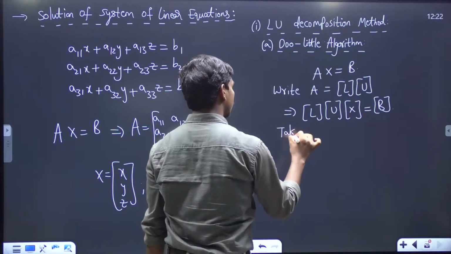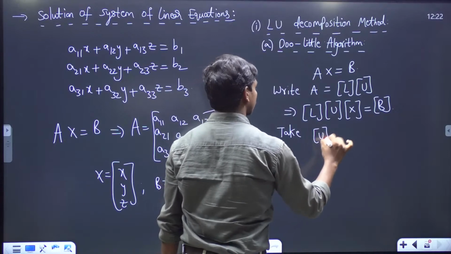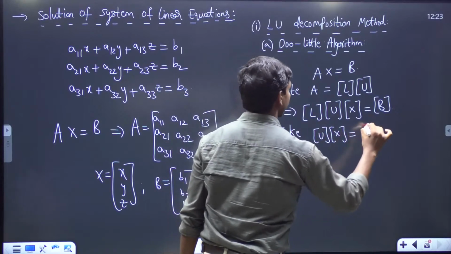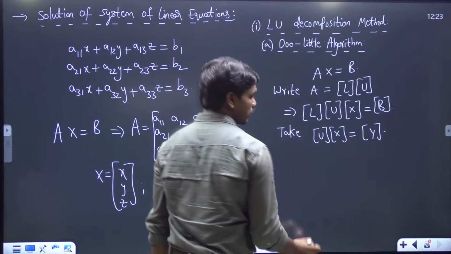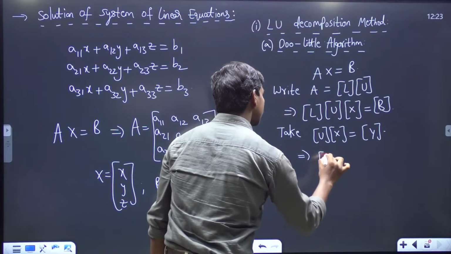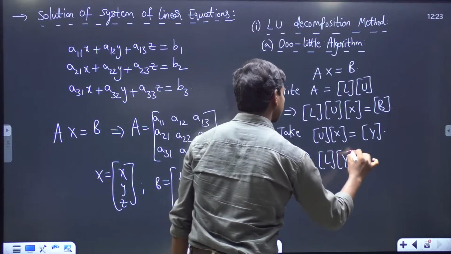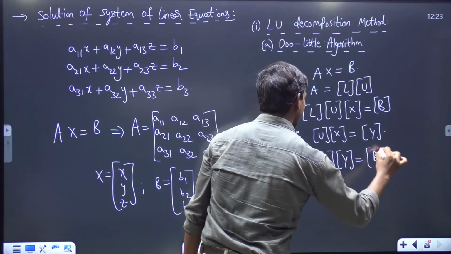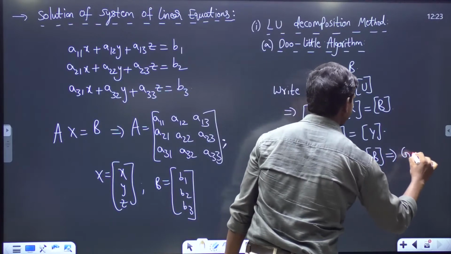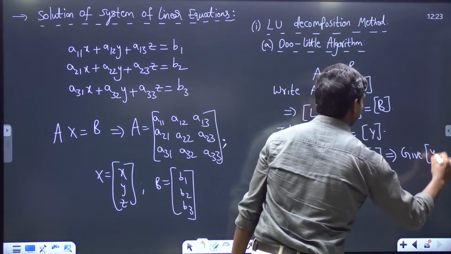Take U into X is equal to some matrix Y. Then what we'll be having? Lower triangular matrix into Y is equal to B, and this will give Y for us.